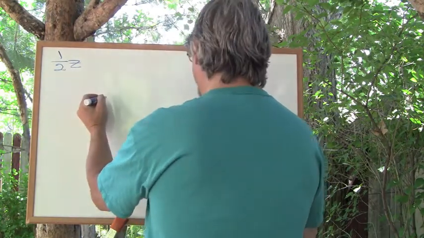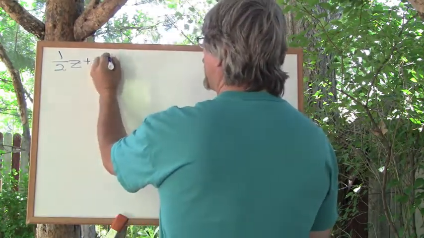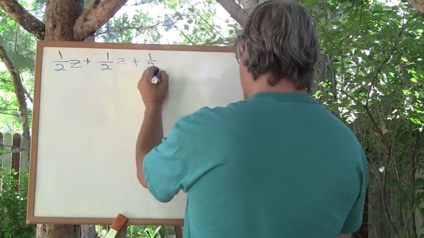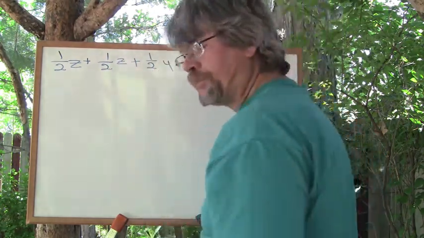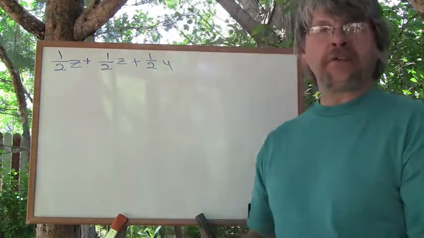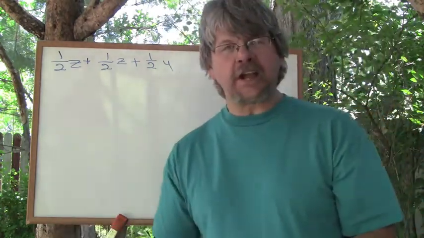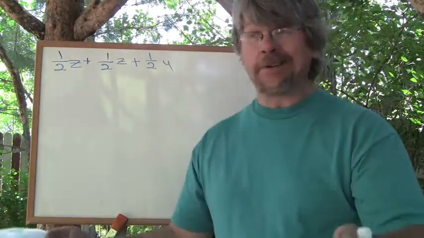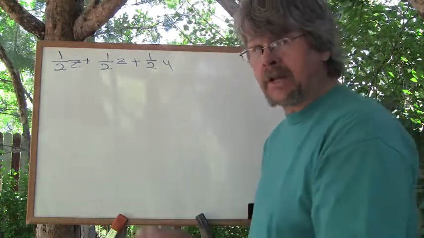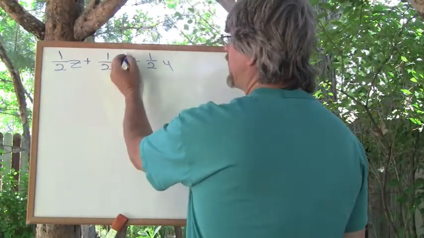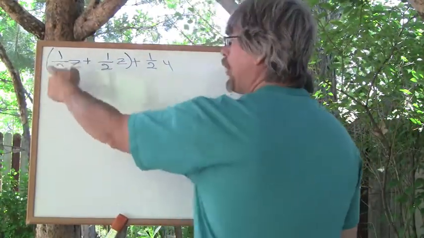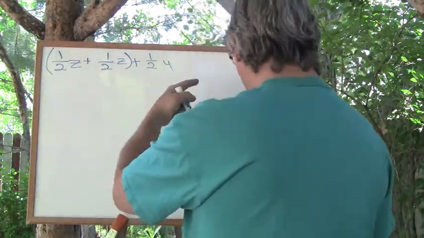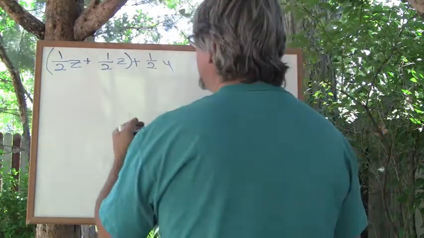Now, when we have a term, 1/2 z plus 1/2 y, the theme here is the like terms need to be put together so we can either add or subtract them, and the unlike terms just simply hang out there, right? In this instance, we see this z and this z belong together, so we put them together with our grouping symbols, the parentheses. And now we can go ahead and carry out the operation.